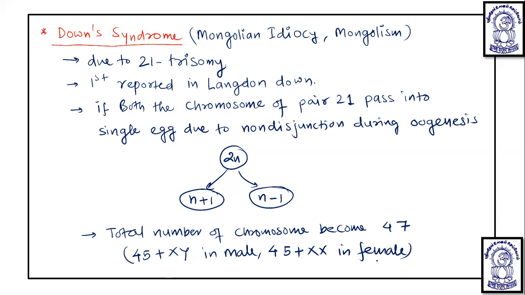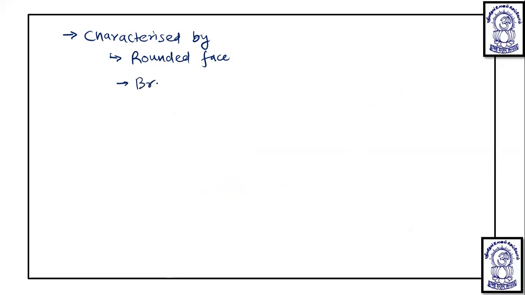Now, if we talk about the characteristics of the offspring or child who is going to be born with Down syndrome, it is characterized by, number one, a rounded face. The face is going to be round. Then you will see a broad forehead.